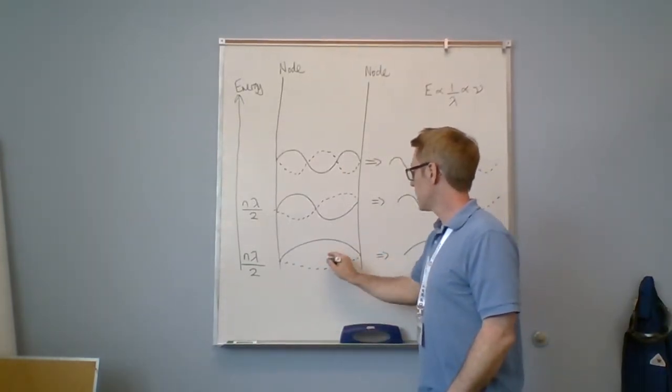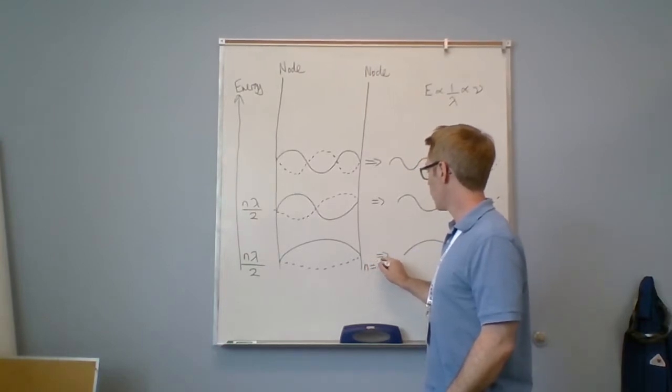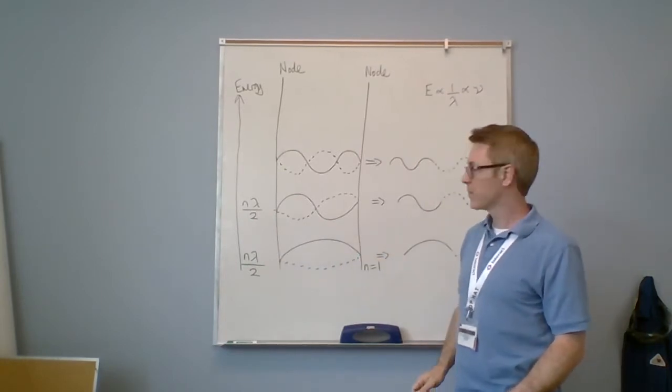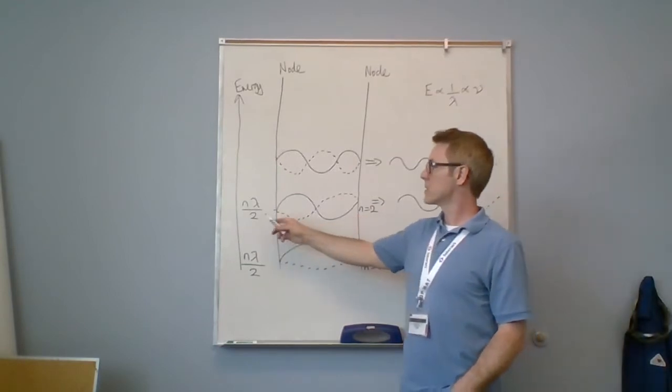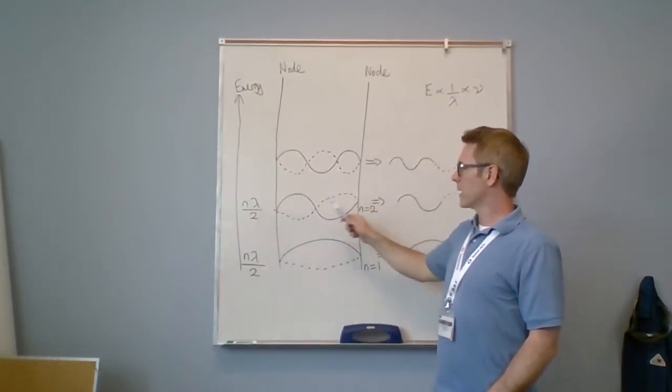So this would be n equals 1. If n equals 1, I've got a half a wavelength. If n equals 2, and I use the formula n lambda over 2, then I've got 1 full wavelength, lambda.